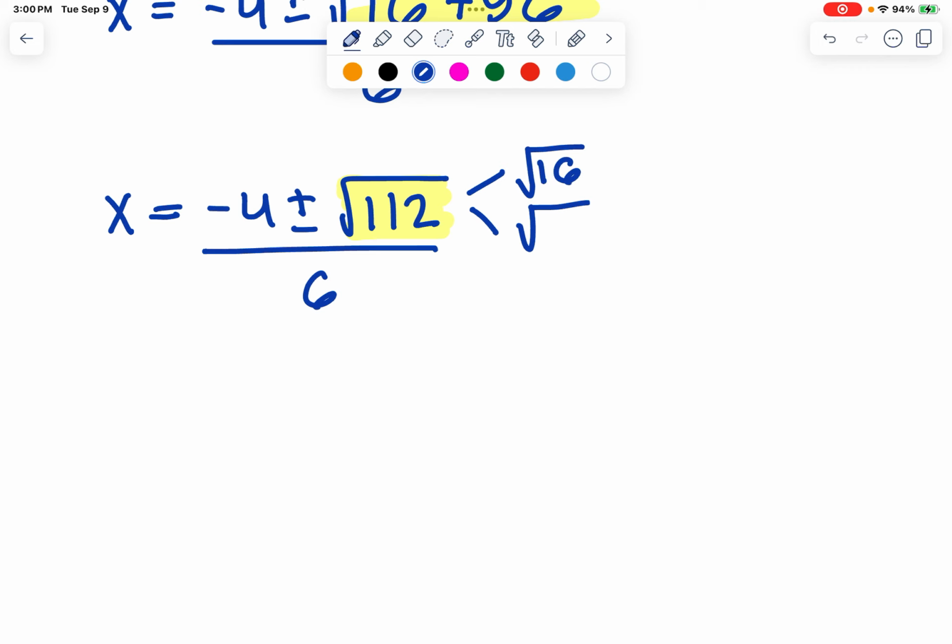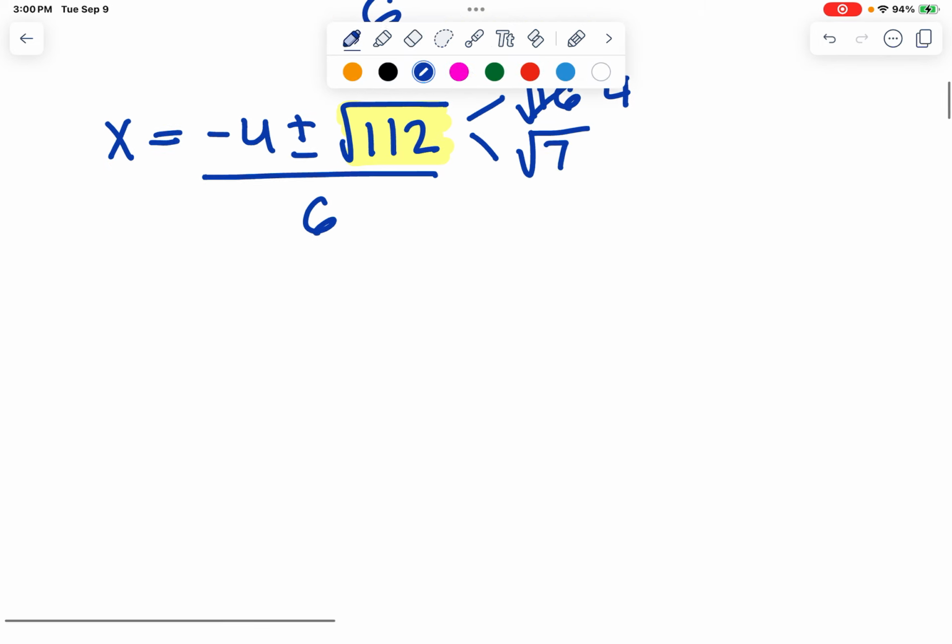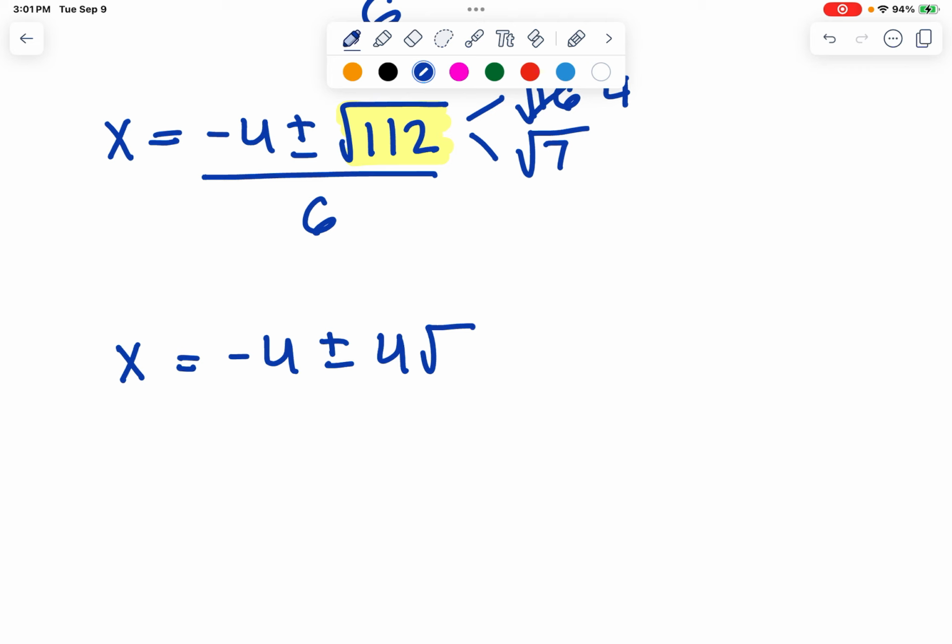So if you want to know what I was doing in my head, I knew 4 went in there 28 times. And then this is 4 times 7. So 16 goes in there 7 times. That's what I was doing in my head. Okay. 16 goes in there 7 times. The square root of 16 is 4, so I'm going to change that to 4 root 7. So I have x equals -4 plus or minus 4 root 7 all over 6.